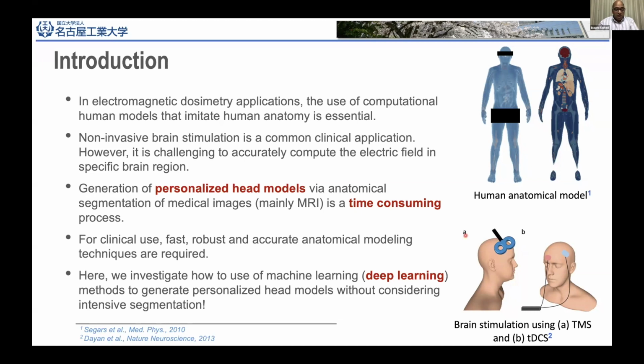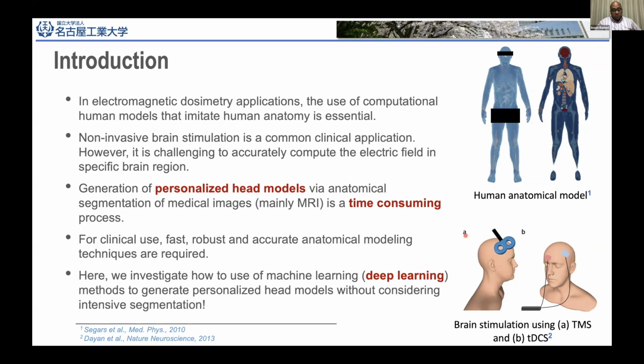The main issue we are aiming at in the long run is to find a way to create a personalized head model that can be operated at the clinical level, which means that we would like to acquire the medical images and then have some tool that can create head models in a very short time. That means we would like to have a very nice segmentation, also in as short a time as possible.